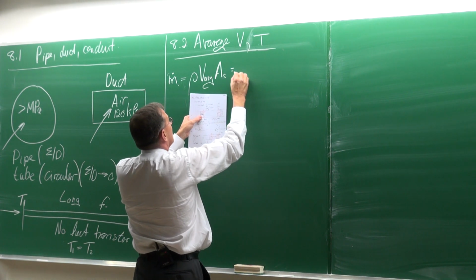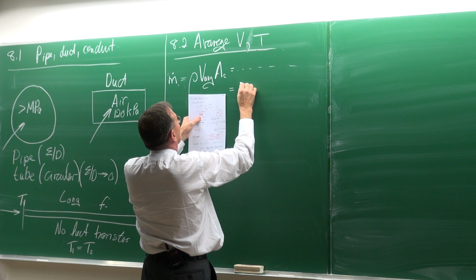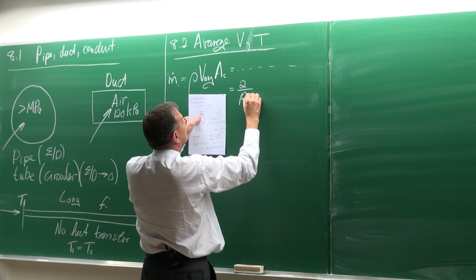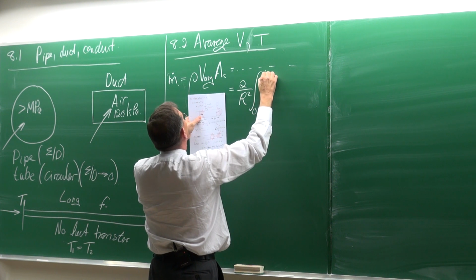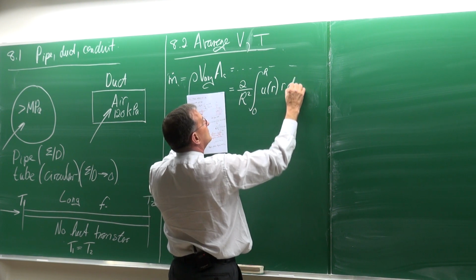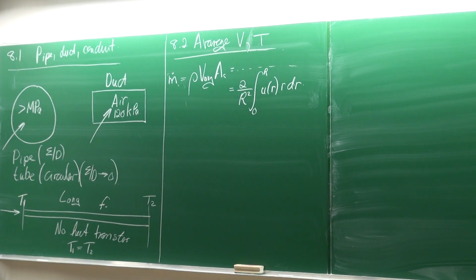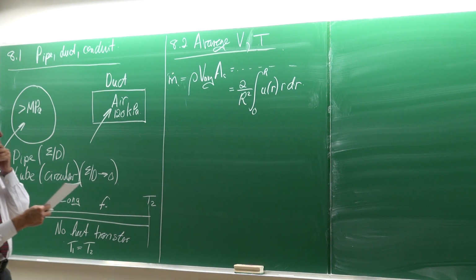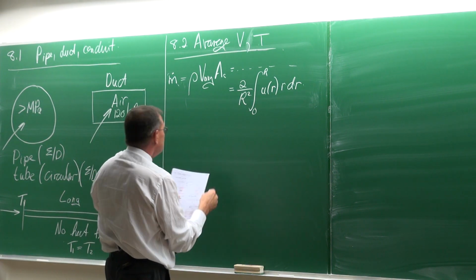And you've already done it in fluid mechanics where you've looked at this derivation, and for a circular tube you've derived 2 divided by r squared, integral from 0 to r of the velocity distribution times r dr. The derivation is in your textbook. You've already done it previously. So that is equation 8.2 in your textbook.